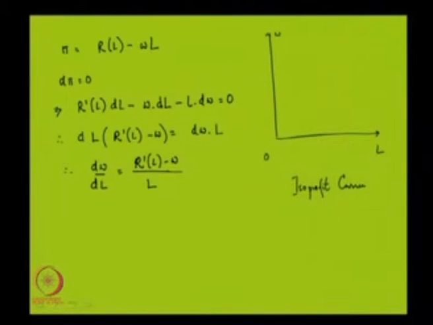So, it is R prime L minus W divided by L. This is the slope of the isoprofit curve at any combination of W and L.